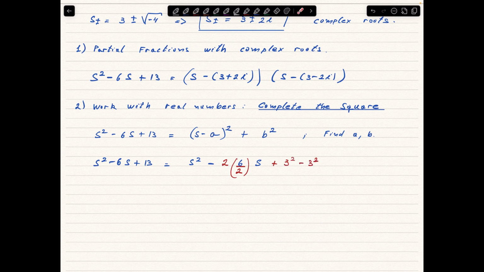You see, here we are adding 0, and here we are multiplying by 1, so nothing has happened in the polynomial. But now we group the first 3 terms, and this is a complete square. This is s minus 3 squared, and then we have minus 9 plus 13, which happens to be 4, which is 2 squared. So from here we see that a is 3 and b is 2.